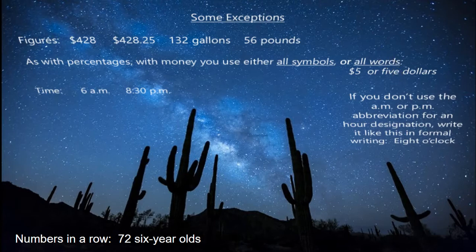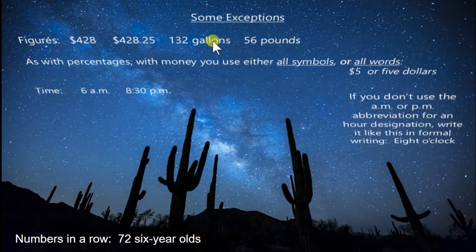With figures, there are some exceptions when we are doing money, like if you're doing $428, that's round, but it's not large. If you're doing any change, $428.25, we've got the dollar symbol and the 428.25.